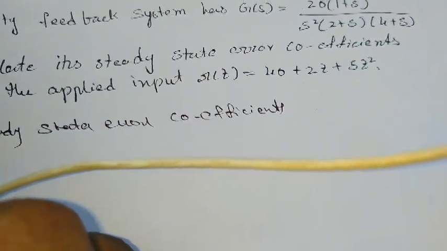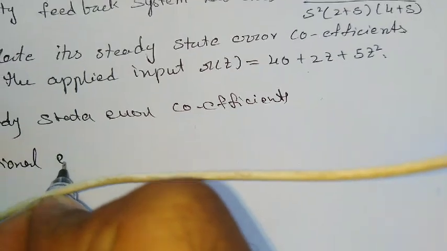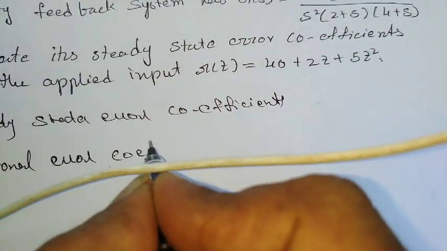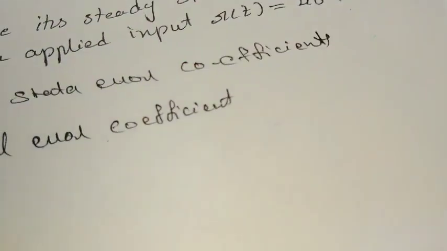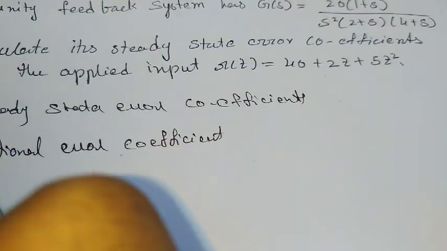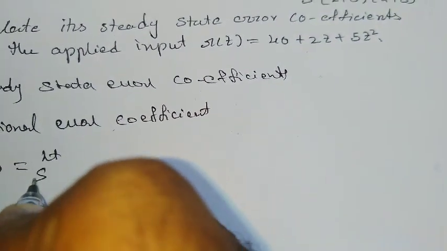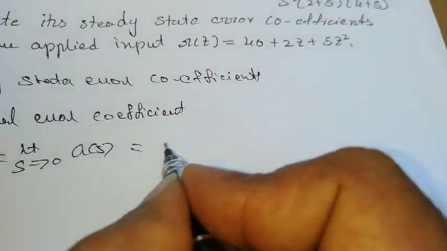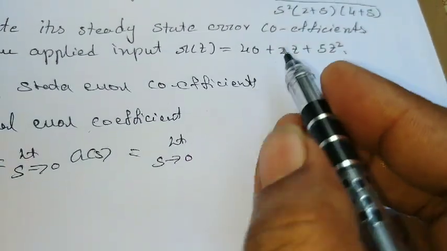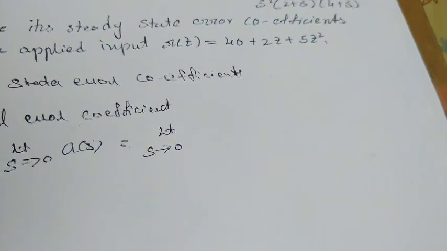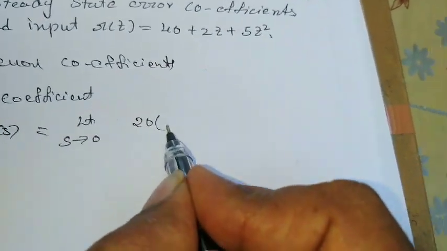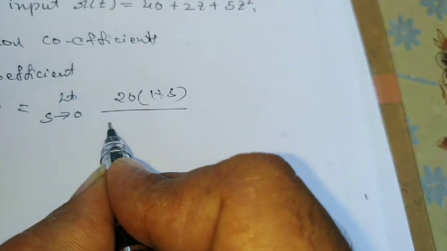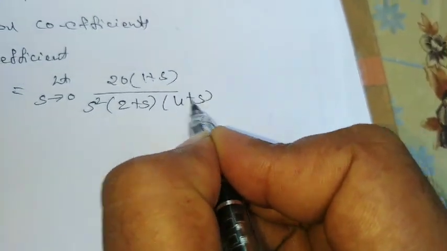First, the positional error coefficient, that is Kp, which is given as limit s tends to 0 G(s). G(s) is given as 20 into (1 plus s) divided by s square into (2 plus s) into (4 plus s).